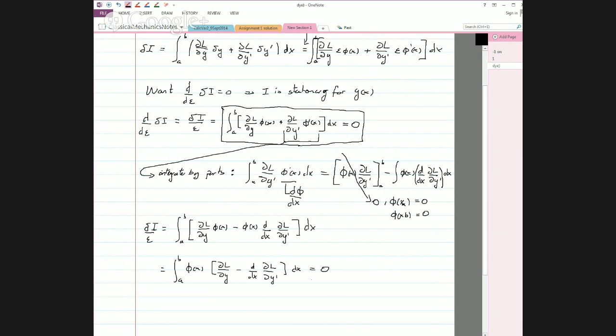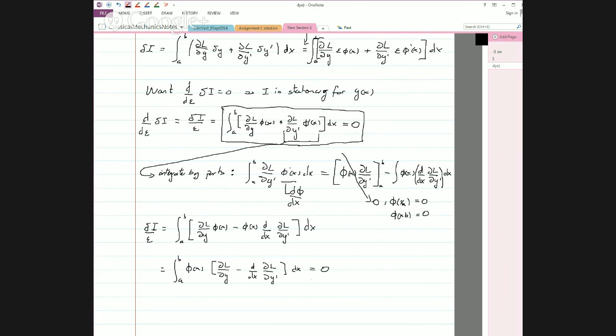So let's think about this integral here. We want to find the function y of x so that this integral is 0. So this integral must be 0 no matter what choice of phi of x we use. Remember, phi of x is just a tool that allows us to change the function y of x around the value that's correct. Since this is only equal to 0 with the correct y of x, phi of x is completely arbitrary.